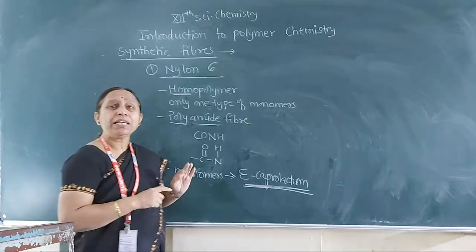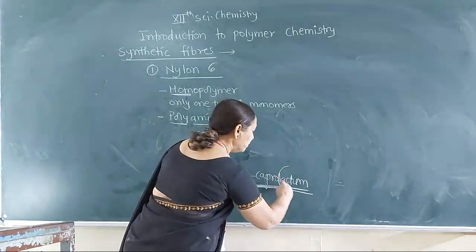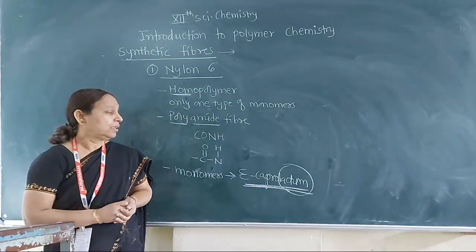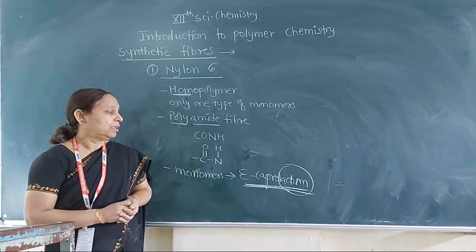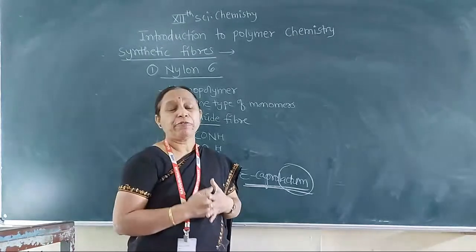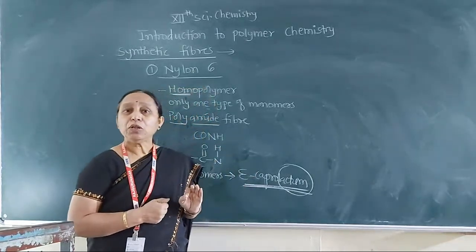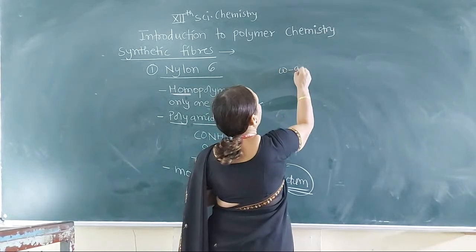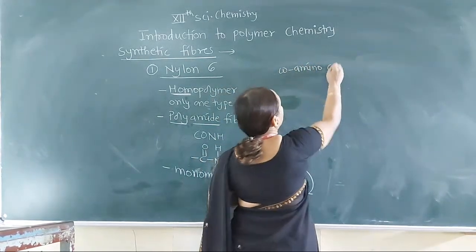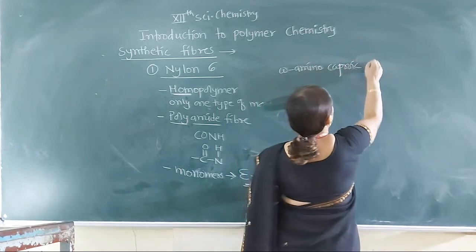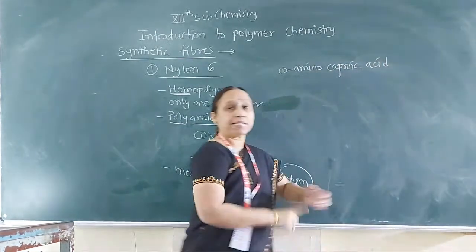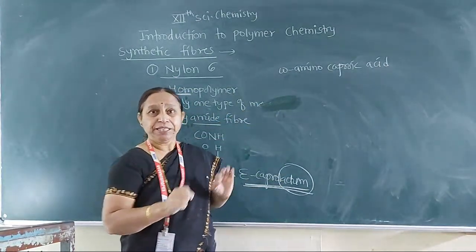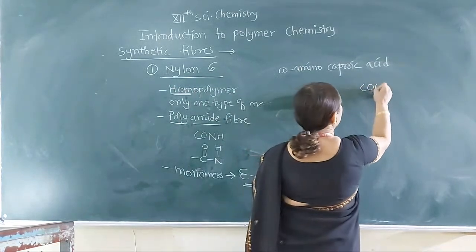Why is the raw material known as lactam? What is meant by lactam? This epsilon caprolactam is prepared from omega amino caproic acid. As it is an acid, it contains a carboxyl functional group.